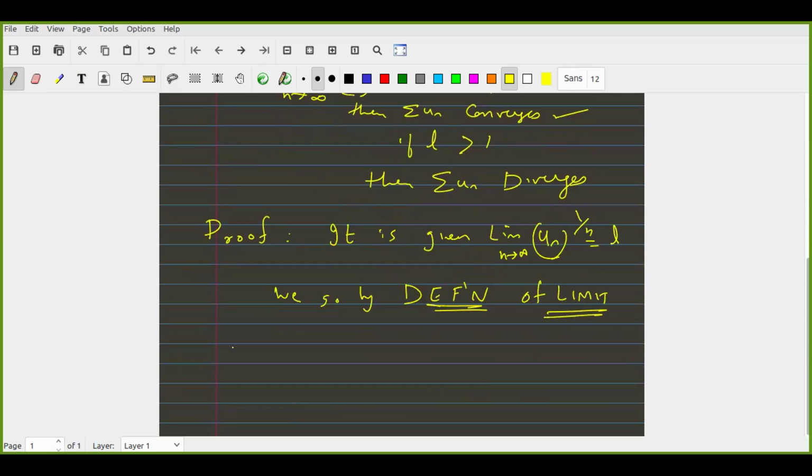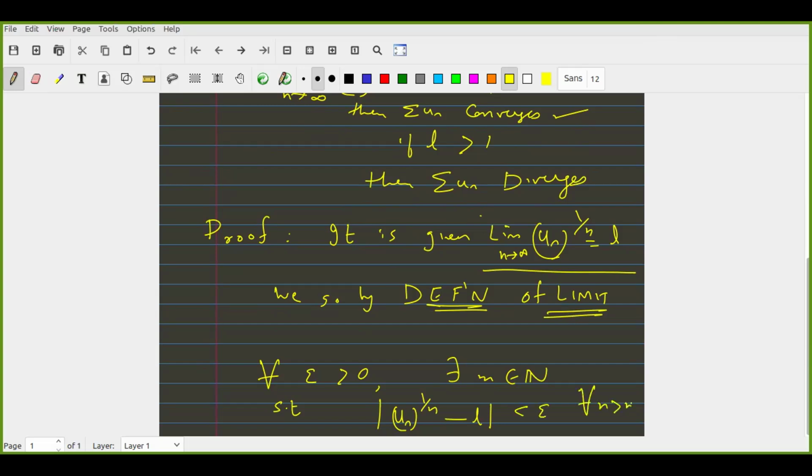So we know that if L is the limit given, then for all epsilon greater than 0, however small it may be, there exists a natural number m such that, whatever term I'm taking the limit of, if I put it in modulus, un power 1 by n minus L is less than epsilon for all n greater than m.